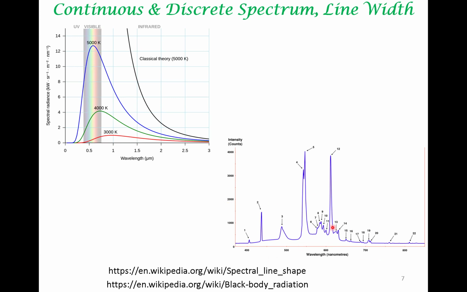In a discrete spectra, there are peaks at some specific wavelengths, and there might not be much intensity in between these wavelengths. This is an example of a continuous spectra: there is a monotonous increase, there is a peak, and then there is a monotonous decrease.